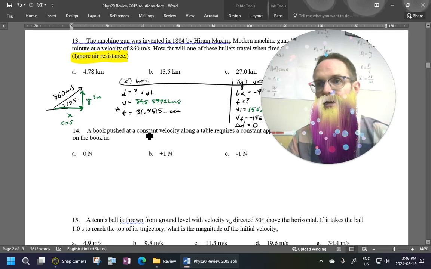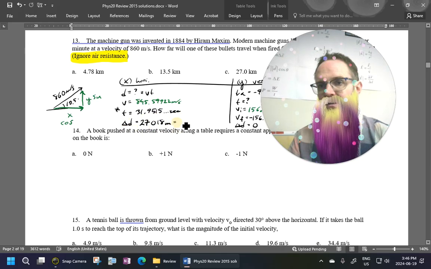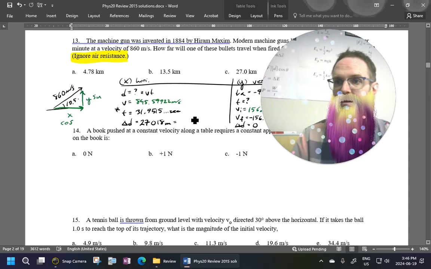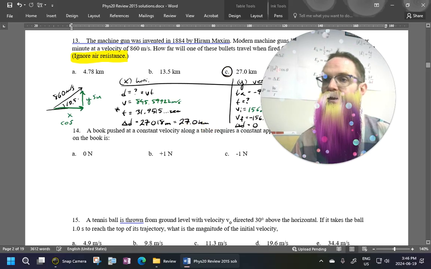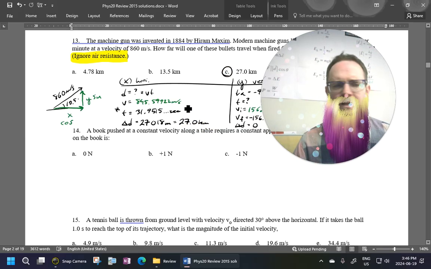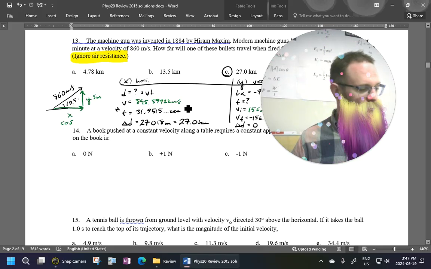And we get 27,000, right? So we get 27,018 meters. So remember that, because 1,000 is a kilometer. So this is 27 kilometers. So it looks like C there. I should give you more space for all these because you probably got the more condensed version.